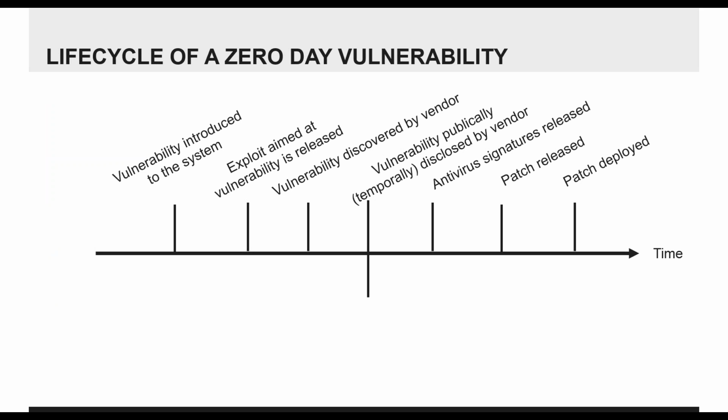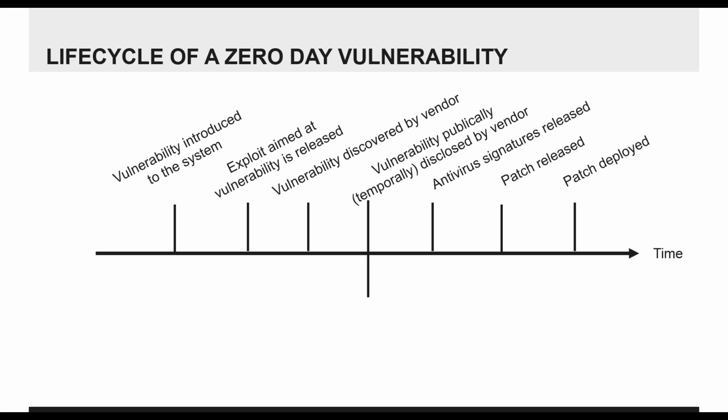It starts at the first point when the vulnerability is introduced to the system, which might happen if you run an update or a patch that should patch another, maybe zero-day, vulnerability. And by this patching process, a new opening is created. This opening will be aimed at to exploit.